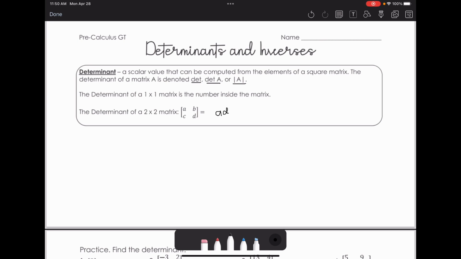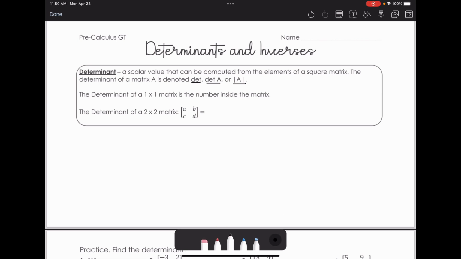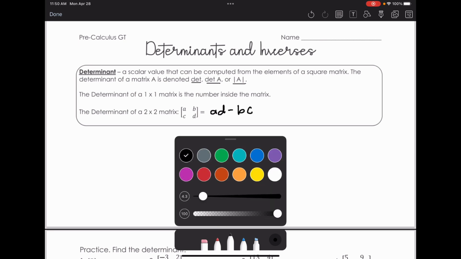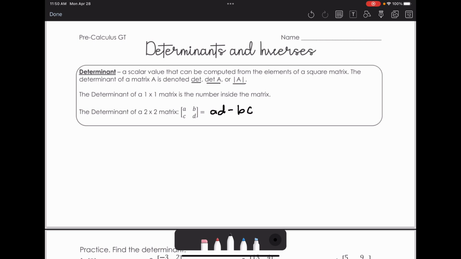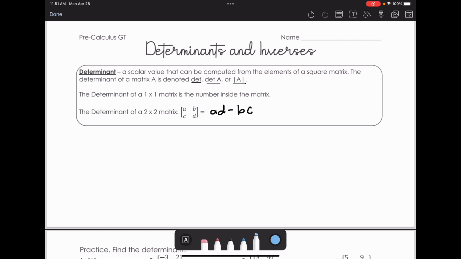A, D. Ooh, I don't like that. Let's see if we can fix this. AD minus BC. Make that a little smaller. So you probably learned this when you learned about matrices in like secondary math 2, but what you do... oh my goodness, sorry guys.